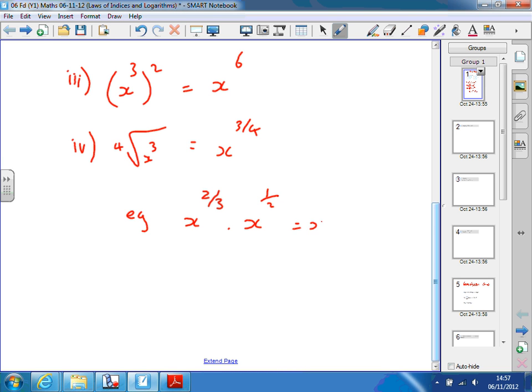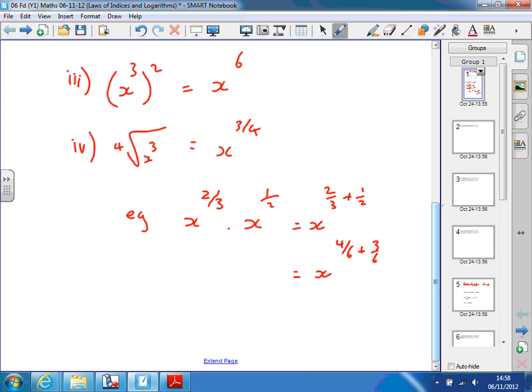That gives us x to the 2/3 plus 1/2. So then we have to remember how to add fractions. Common denominator would be 6, so we turn them both into 6. x to the 4/6 plus 3/6 is 7/6. So it would be x to the 7/6.